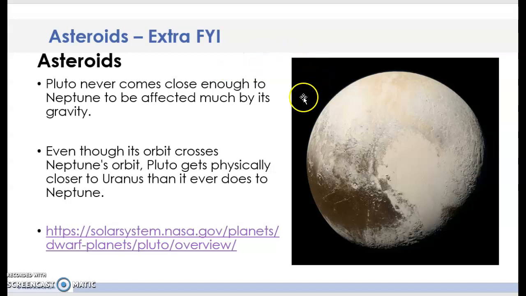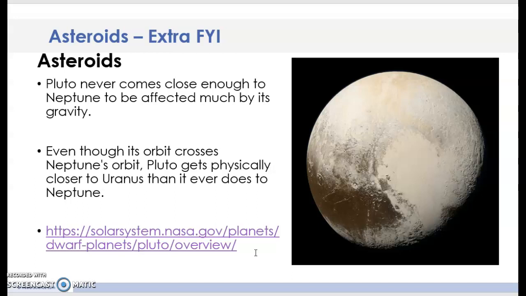It's beautiful colors. You can see the different aspects of it. If you go onto this link here, it has more pictures and more information. You'll be able to check out Pluto, and the Hubble telescope took some pictures of it. It's really cool information. So make sure you go there and check.